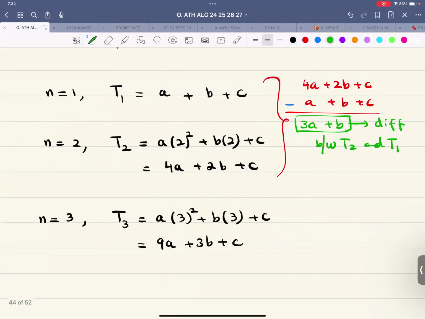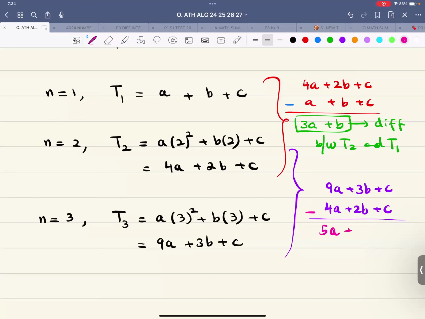Similarly, let me find the difference between 9a plus 3b plus c and 4a plus 2b plus c. 9 minus 4 is 5a, and this is b. So this is the difference between T3 and T2.